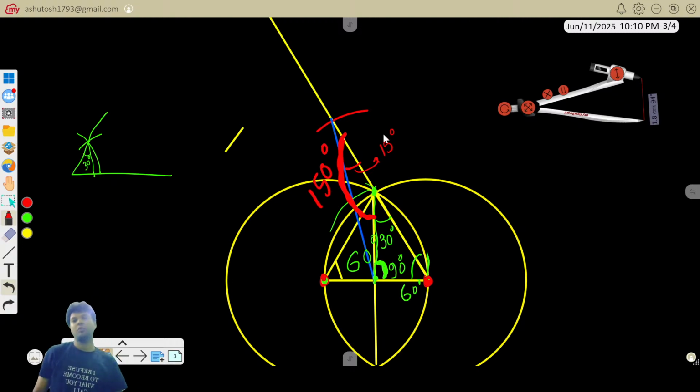So if you want to make 15 degrees, you can do it in this manner. What if you require 75 degrees? From this point, draw a perpendicular directly to this blue line segment. Whatever this angle is, this is 75 degrees.